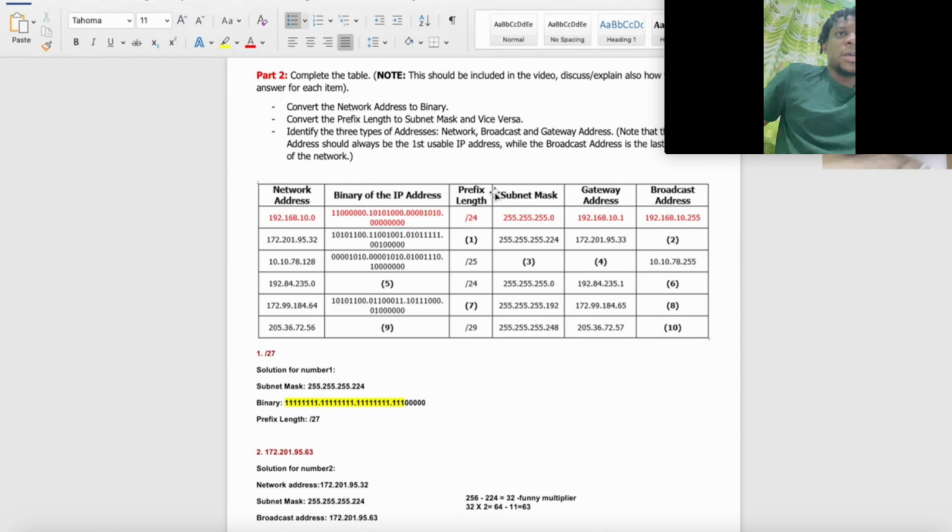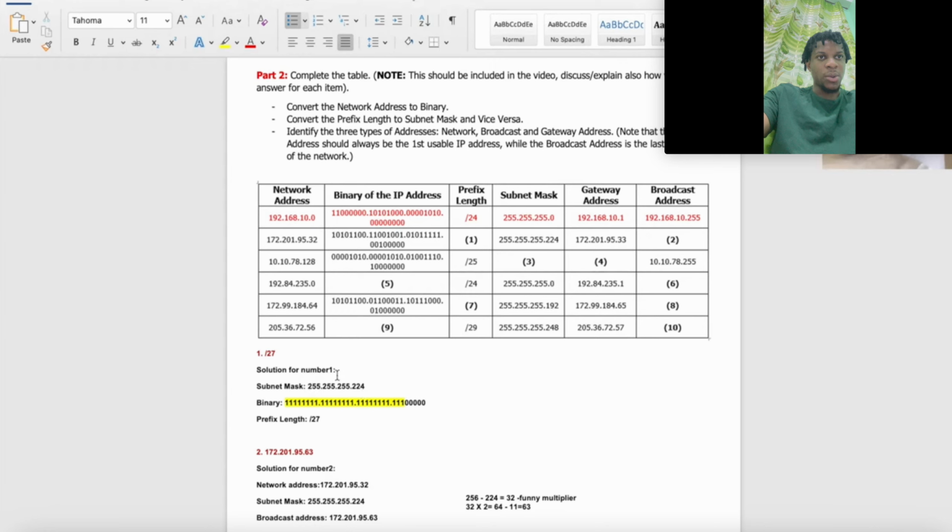Here's the table. The prefix length. Solution for number 1. The subnet mask for number 1 is 255.255.255.224.